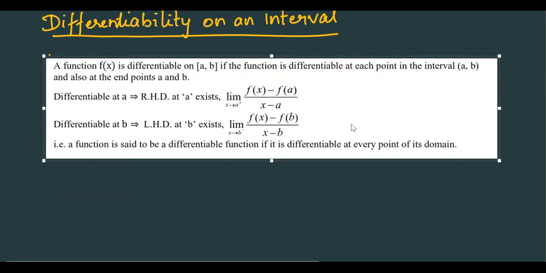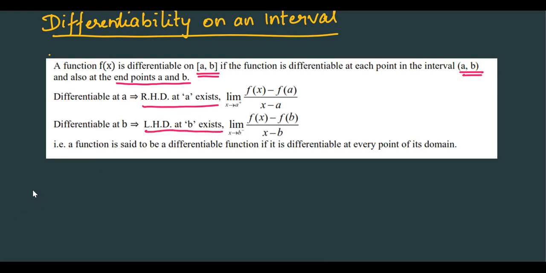So a function is said to be differentiable on the closed interval AB if at every intermediate point on the interval it is differentiable, and also at the endpoints. Now at the endpoints, how do we define? At A, only the right hand derivative must exist. That means it should not be infinity, or the function should not be undefined at that point. And the left hand limit at B should exist. Then we say the function is differentiable.